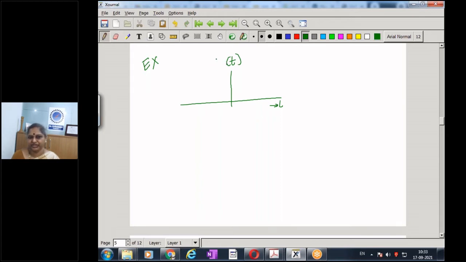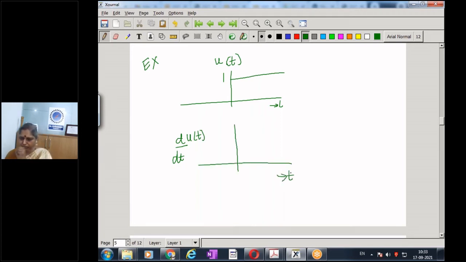Let us sketch the unit step function. What is the derivative of the unit step function? Please recollect the definition of it.